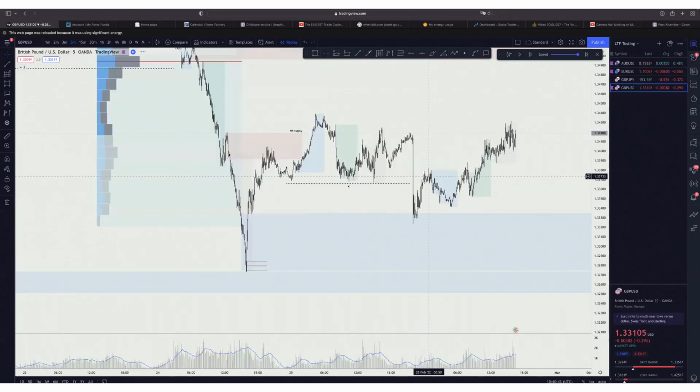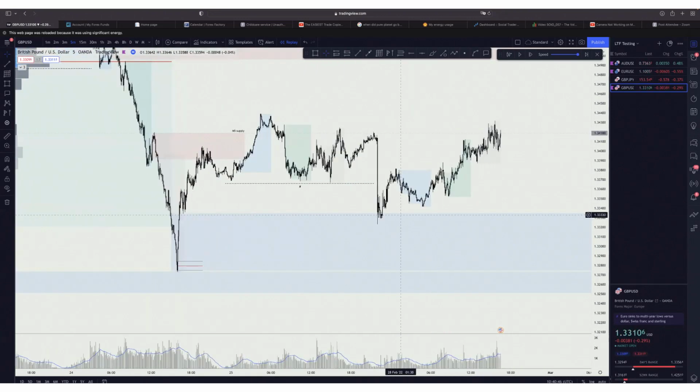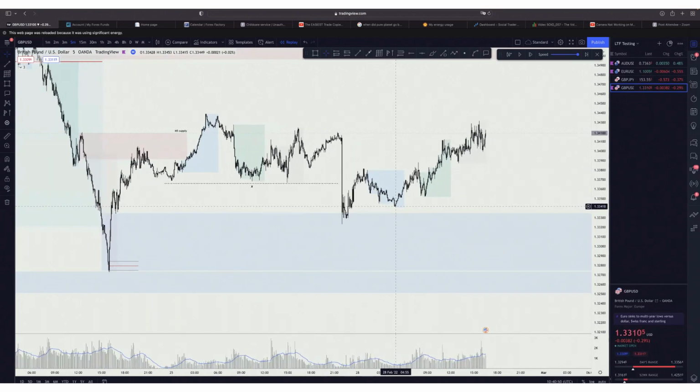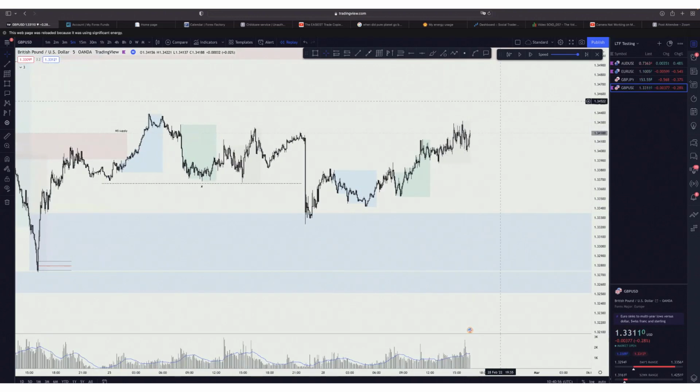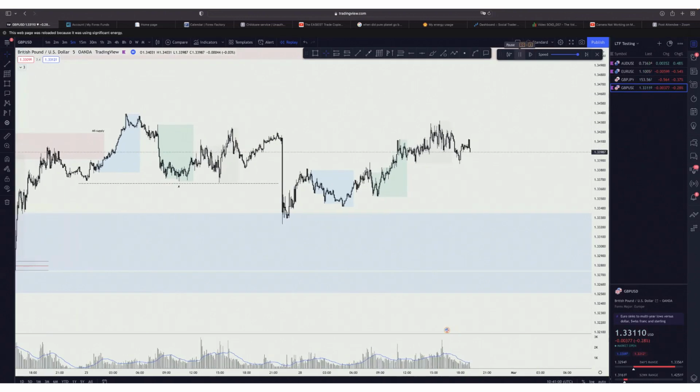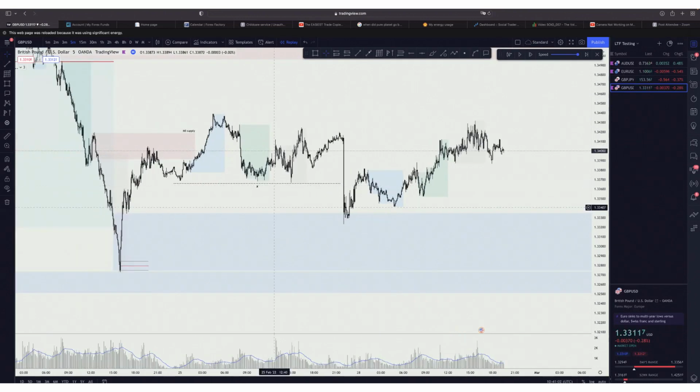Well, would anyone have been able to get in here? Maybe. No. One of my rules is do not try to fill the gaps, especially after a 100 pip difference. It is not something obvious that all gaps need to be filled.